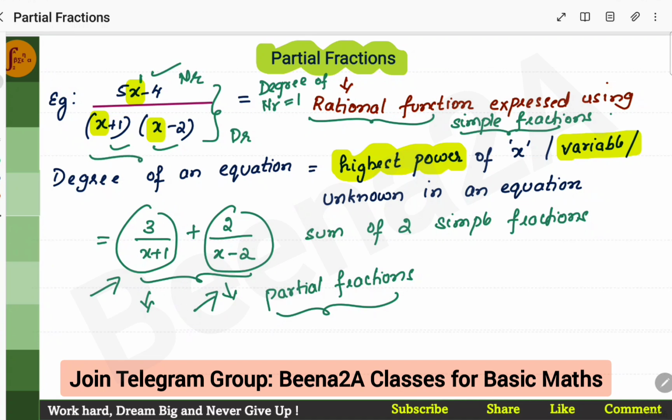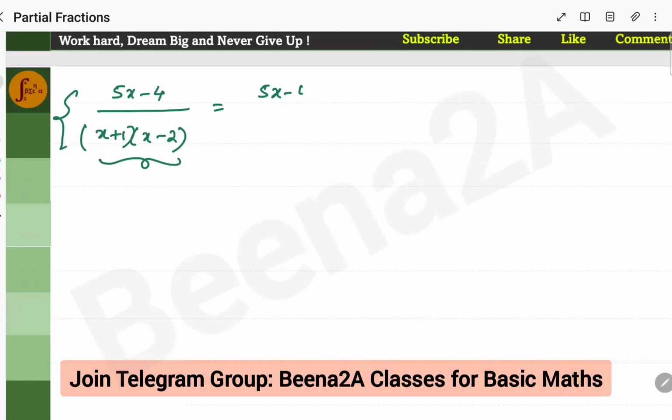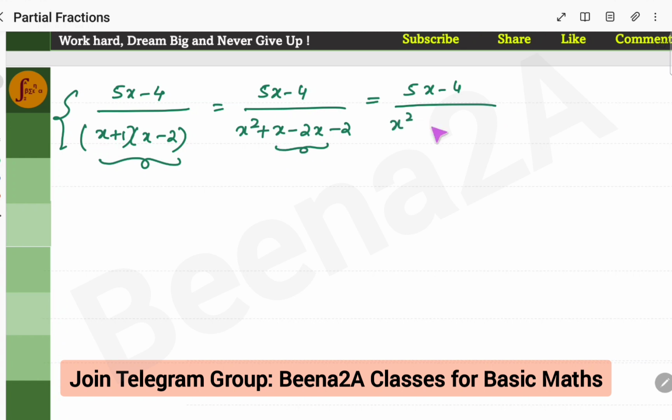Now look at this denominator. You have two equations here. So when I multiply these two equations, what do I get? I get x into x is x square, x into 1 is x, minus 2 into x is minus 2x, minus 2 into 1 is minus 2. I further simplify it. I'll get x square, x minus 2x is minus x, and then I have minus 2.